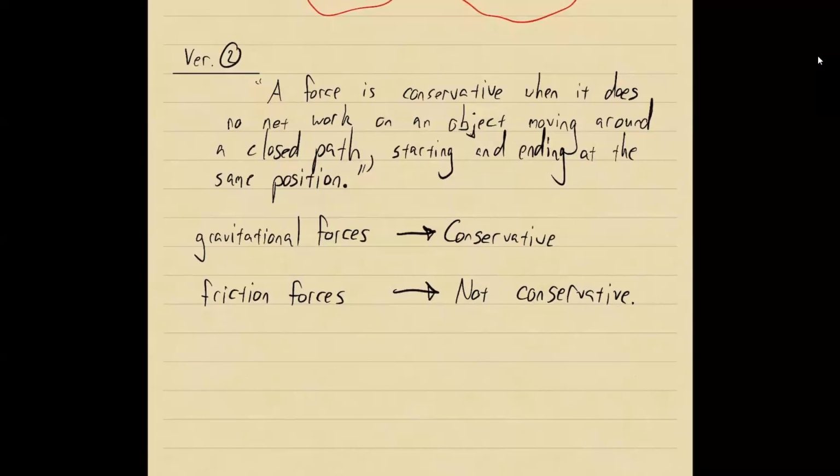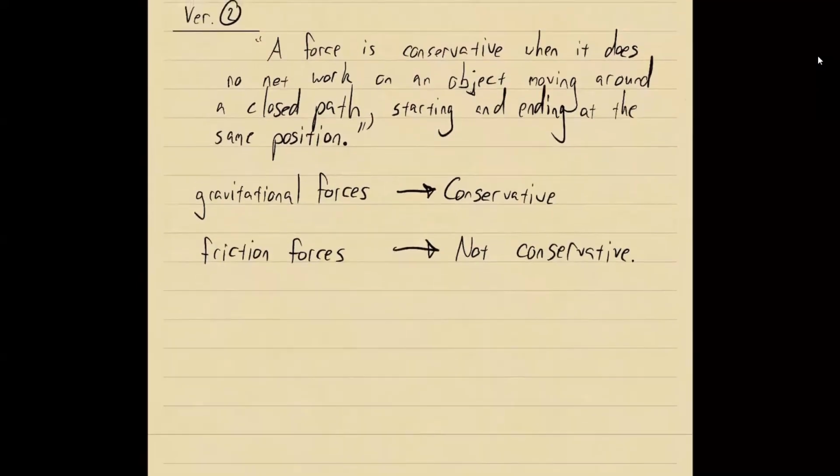So the reason why we call these things conservative forces or non-conservative forces brings us to our next topic. We're going to call this next topic the conservation of mechanical energy. This is the second main advantage for work and energy.